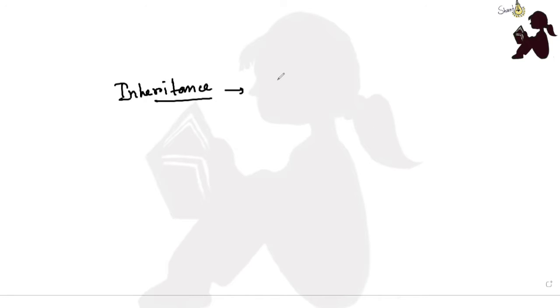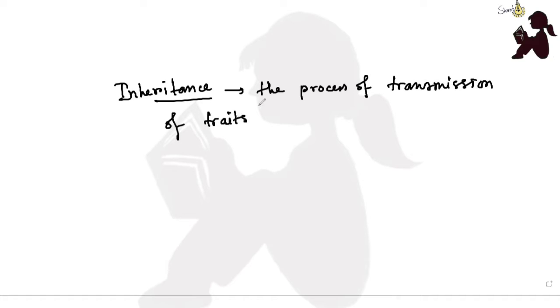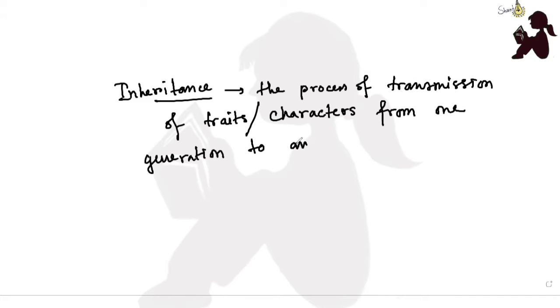Inheritance is the process of transmission of traits or characters from one generation, meaning the parent generation, to another generation, meaning the offspring generation.